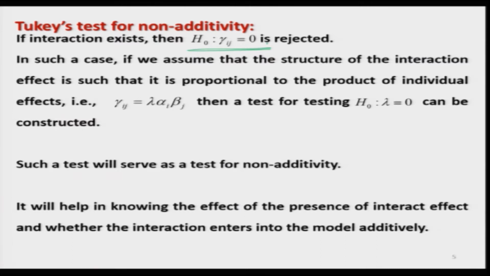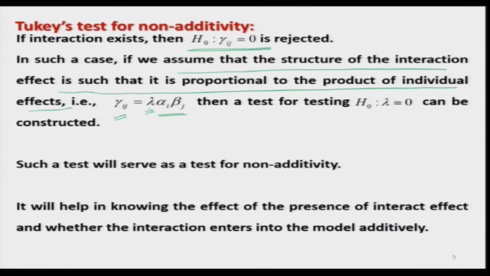In such a case, if we assume that the structure of the interaction effect is proportional to the product of individual effects, like gamma I J is equal to alpha I into beta J, I can write gamma I J is equal to lambda times alpha I into beta J.